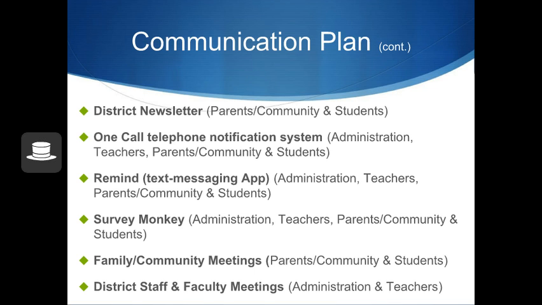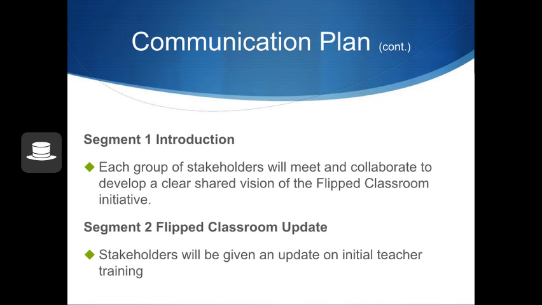We can use different surveys to gather information and share it with people, and also give them a way of reporting back to us how they feel about things. Family and community meetings. Title I nights might come into play at certain schools if you're a Title I school. Board meetings are also available, because the board's going to need to be kept in touch with what's going on. District staff and faculty meetings.